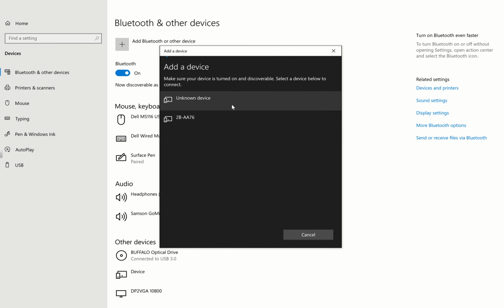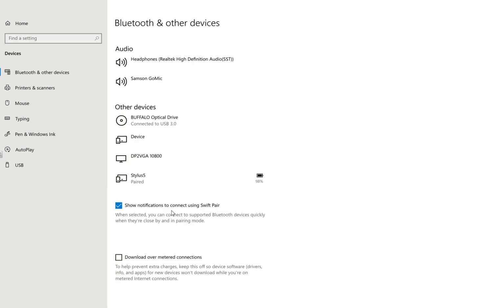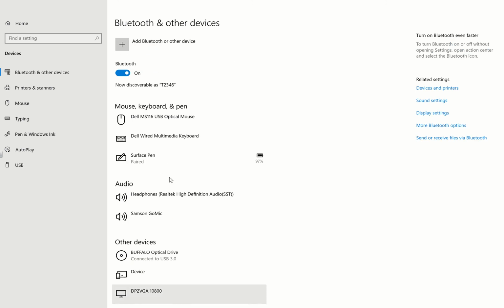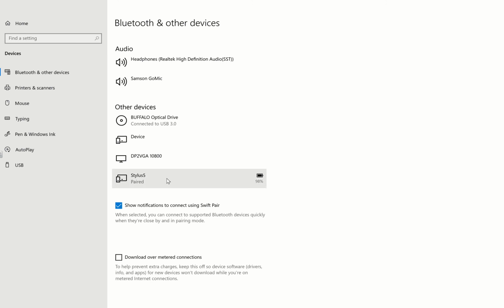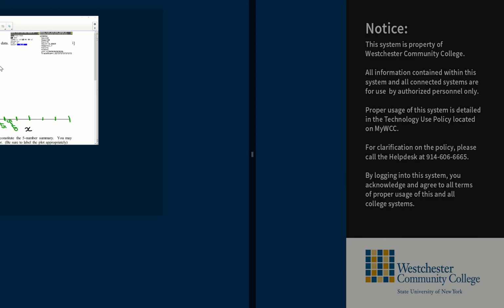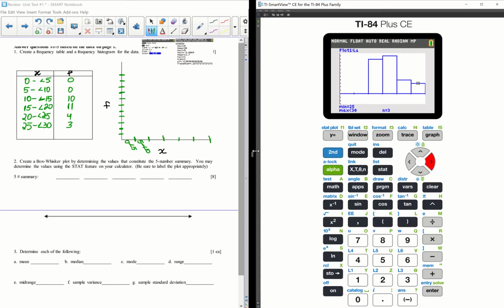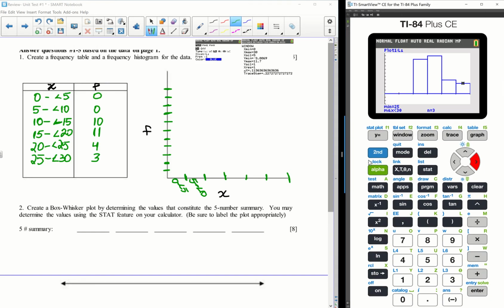Wait, it says it's paired. Wait, that's me. This should be working a lot better then. Alright, well, it's not, so here we are. Garbage. Alright, anyway, I just gotta keep on plugging, I guess.